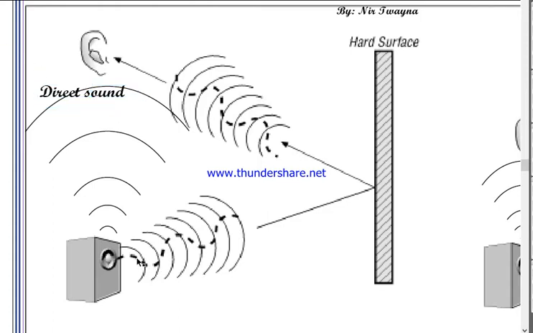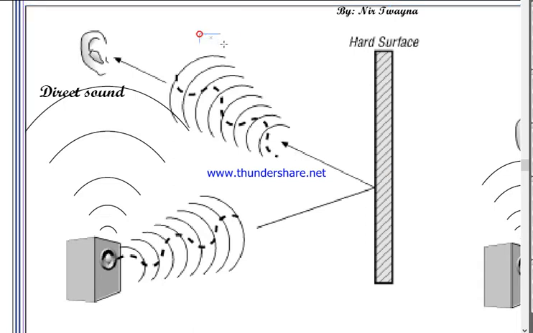Another wave, you can see here, is propagated in some other direction toward the wall. It has to travel up to the wall. When it hits the surface, it reflects and another wave is created, and that reflected sound also ultimately reaches the ear.